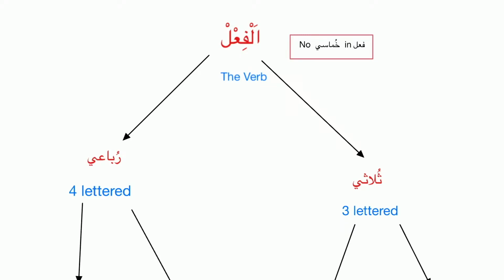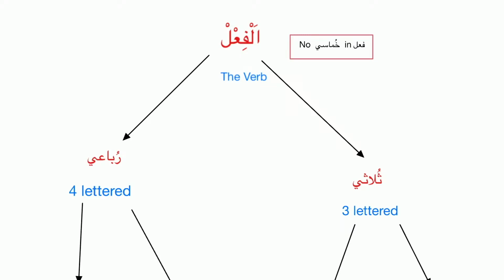And the reason I told you is what? That there are a lot of attachments with the fi'l for different reasons. So if we make it khumasi from the beginning, and then we keep on adding 1 or 2 or 3, it's going to become a big, huge word. So that is why we want to keep the fi'l light, with not a lot of attachments. So that is why there is no khumasi, so it will be only sulasi and rubai. All right?